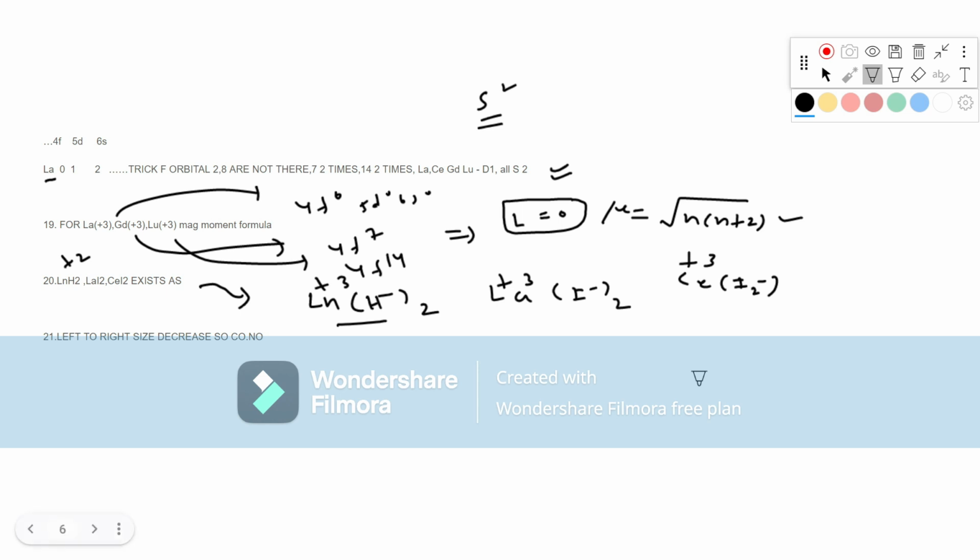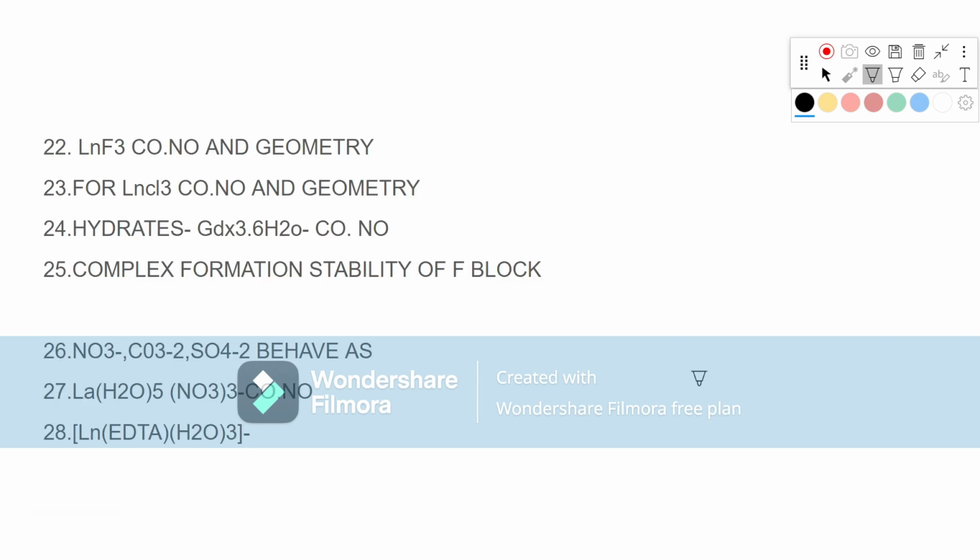Next, if you take left to right, what happens? Size decreases. Coordination number depends on size, so when size decreases, coordination number also decreases. Next, for LnF3, lanthanide fluorides, coordination number is 11.